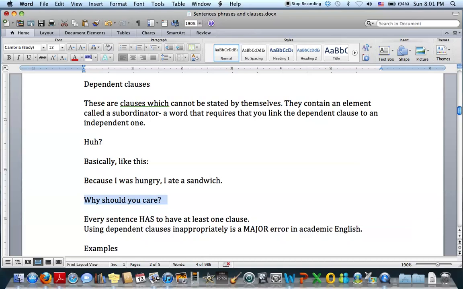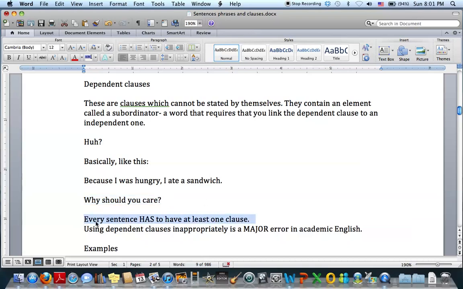They're not actually going to come up to you and say, oh, well, you've linked too many dependent clauses to each other without an independent clause. Or you presented a dependent clause as if it were an independent clause. They're not going to do that. They're just going to say, oh, you had grammar mistakes, and they're not really going to identify them. But this is one of the big ones that makes them say, oh, you've got grammar problems.